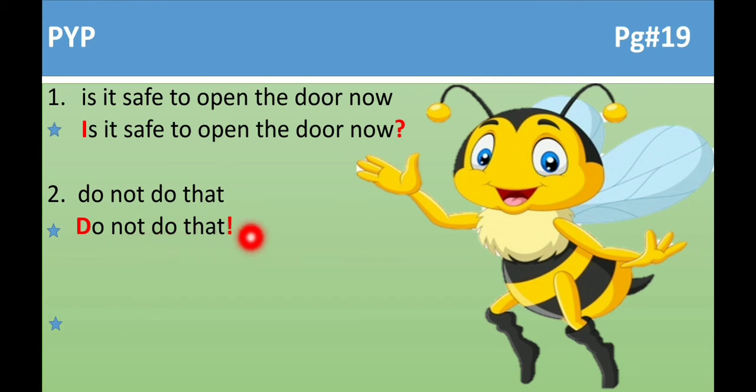Do not do that! And here is the exclamation mark. Number 3. Come here. Come here is an order. C capital. And there is an exclamation mark in the end. Come here!